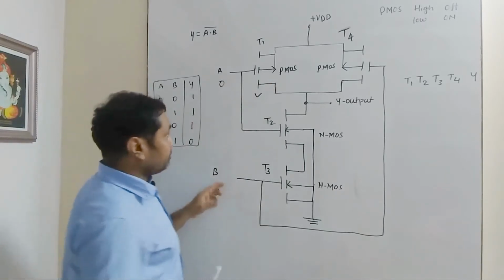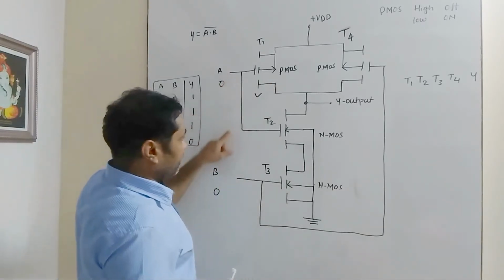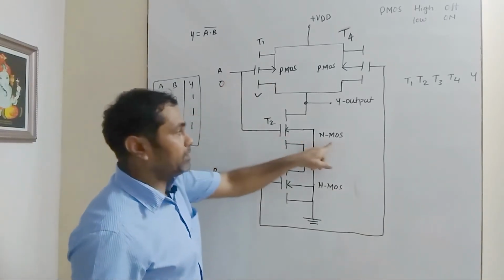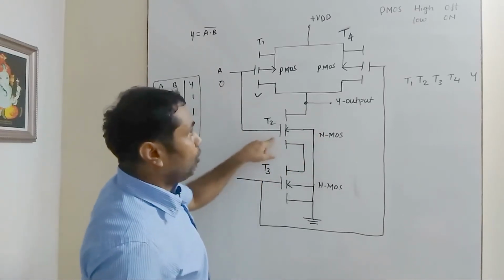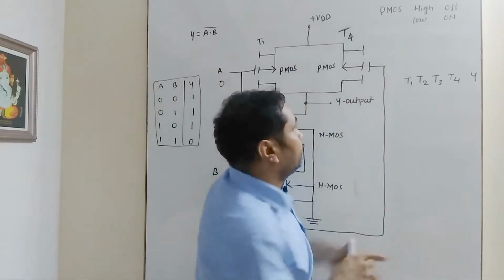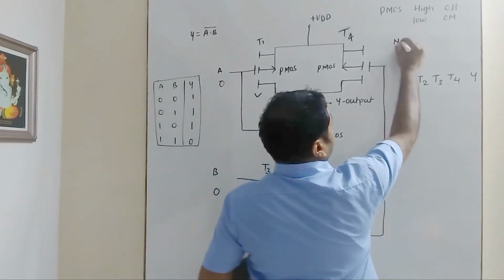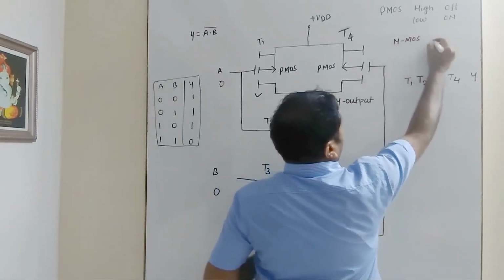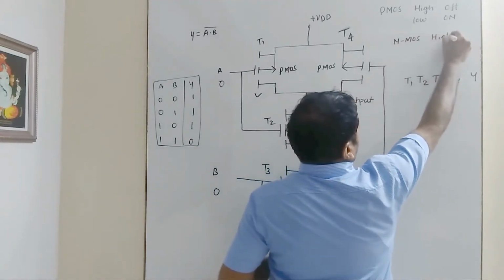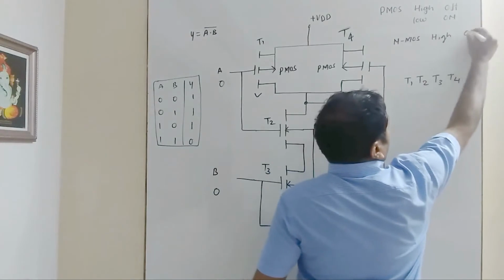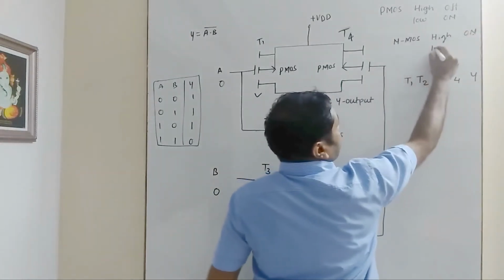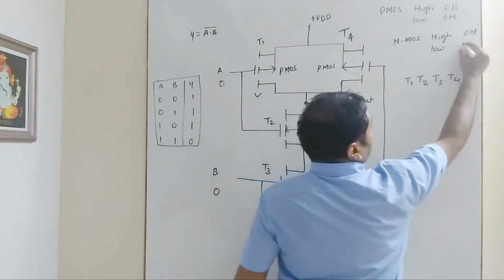Second, the same A is connected to the gate of T2, and it is an NMOS. For an NMOS the property is reversed: if its gate is connected to high, it will be on, and if its gate is connected to low, it will be off.